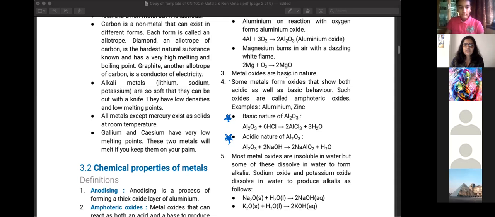Then we have amphoteric oxides, exactly like amphoteric metals, but instead of metals, you take metal oxides like aluminium oxide or zinc oxide. So note down the reactions also, because they're important. Talk about amphoteric oxides and note down the reactions, equations. Let me know when you're done, and then we will continue.